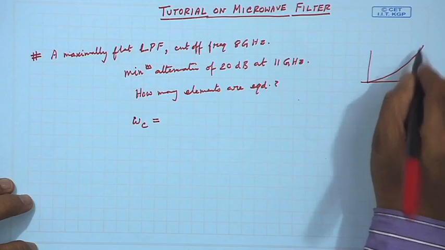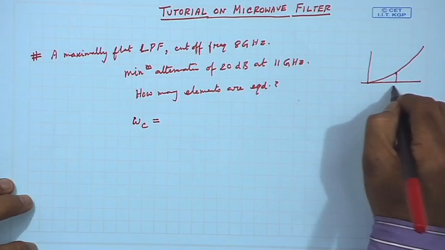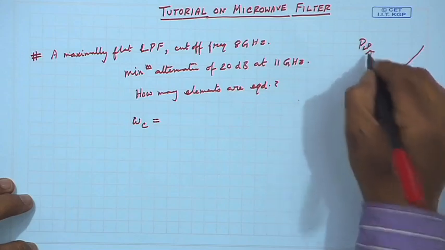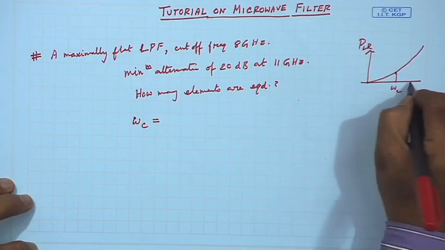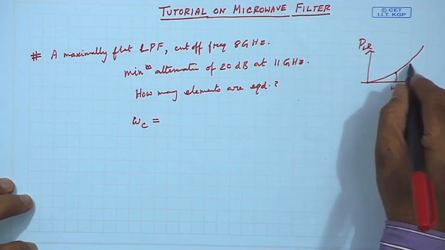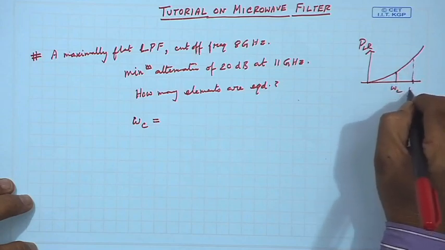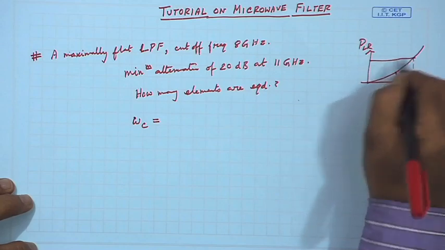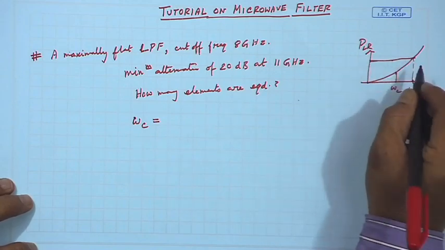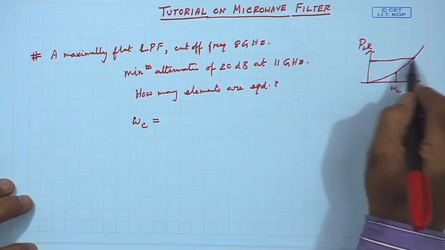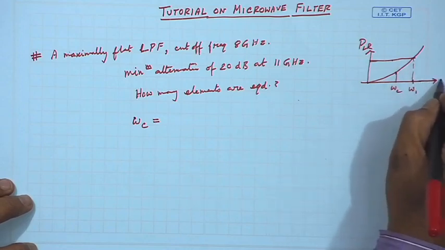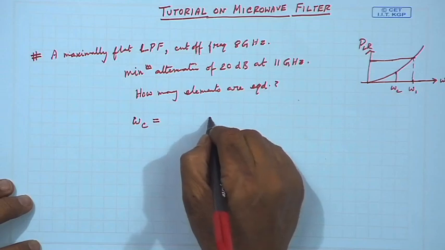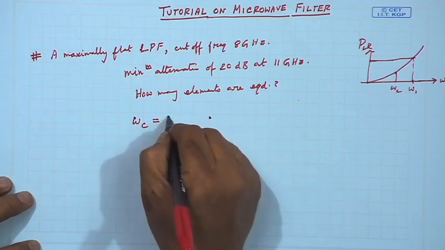So, what I am saying is this is my cutoff, this is my PLR, this is my omega c, but I am specifying at certain other omega, let us say omega 1, that it should be at least this. So, let us see what omega c is.